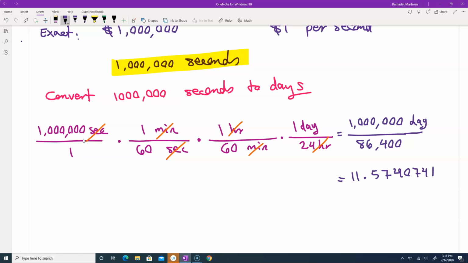11.574741. I wrote what I got on the calculator. And after that, rounding it, since we're going to have days, meaning that we have to round to whole numbers, and that is 12 days.